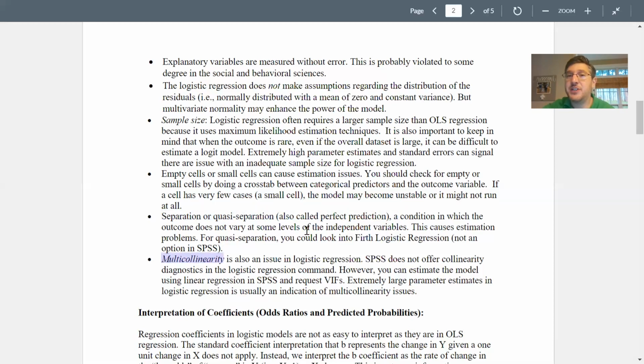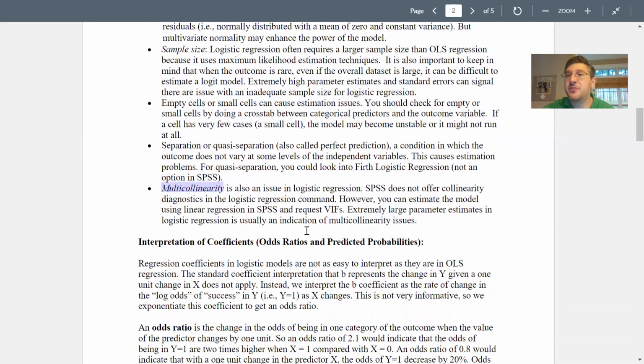Multicollinearity is also an issue in logistic regression. Remember, multicollinearity is the idea of the interrelatedness of the independent variables, how intercorrelated the independent variables are. For some reason, SPSS doesn't give you collinearity diagnostics in the logistic regression command by default, or you can't even ask for them really.